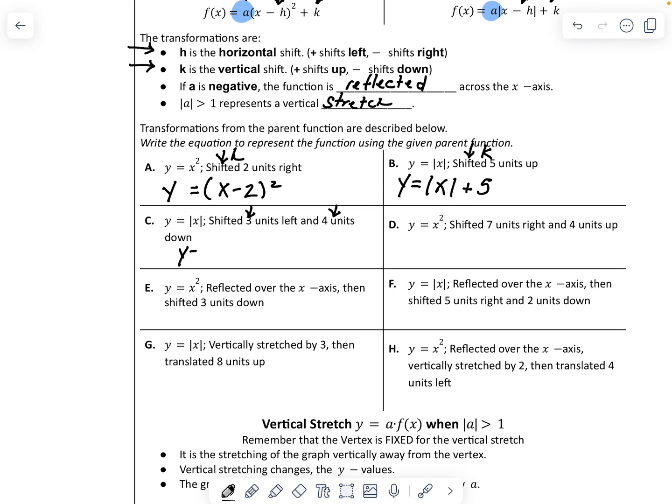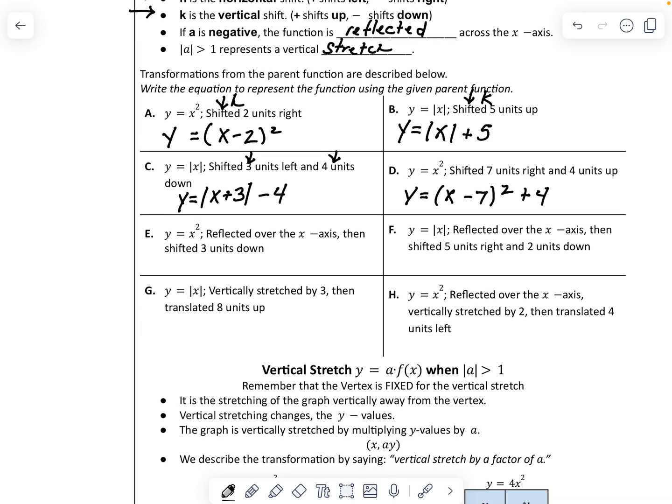So we start with your parent function. You put your h in, and you put your k in. We're going down, and we're going to the left. So remember, with your h, you have to think of it in the opposite way. X, and it shifted 4 units to the right, so it's going to be minus 7 squared plus 4.